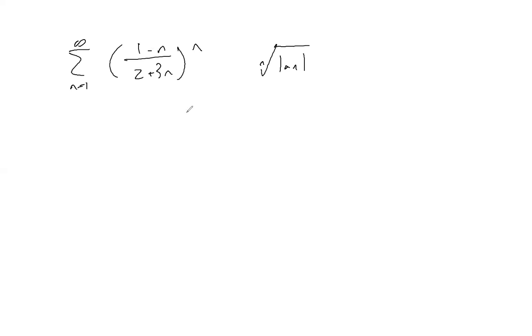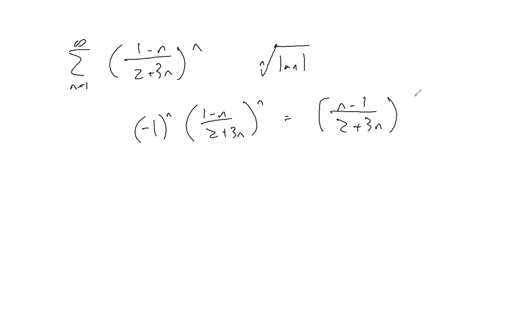Let's see. I could note that 1 minus n over 2 plus 3n, to the n, times negative 1 to the n, equals n minus 1 over 2 plus 3n all to the power n.